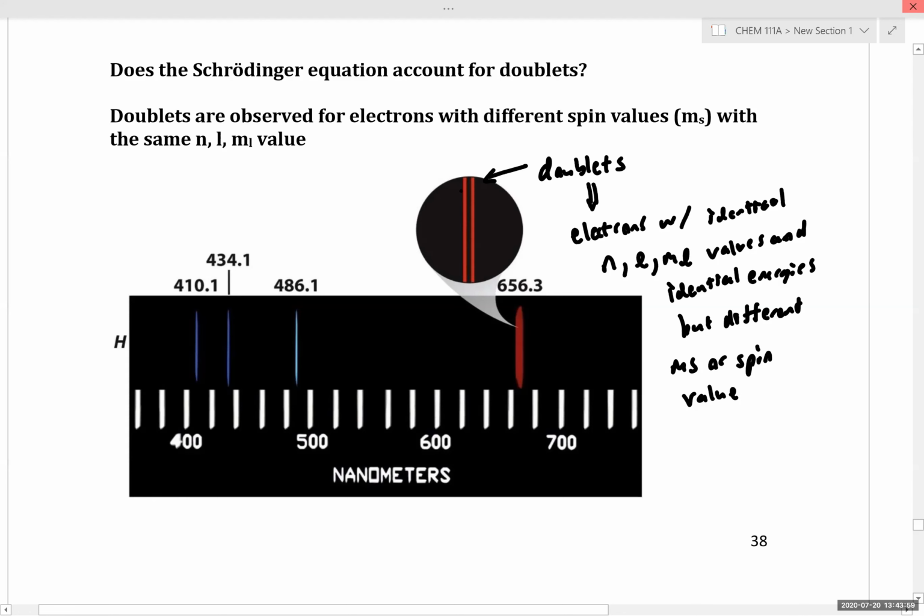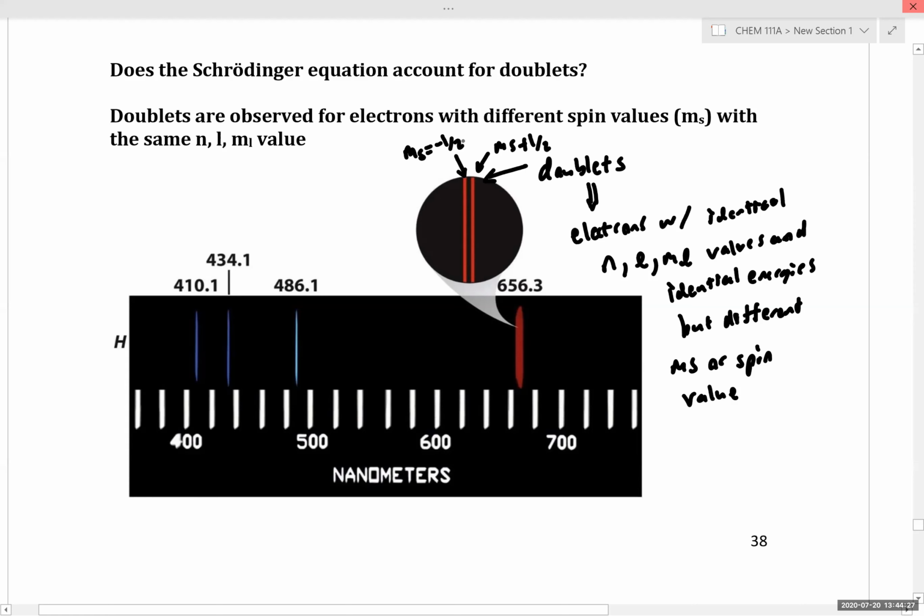That's why we see two emission lines, one for our ms of +1/2 electron, the other for our ms of -1/2 electron.